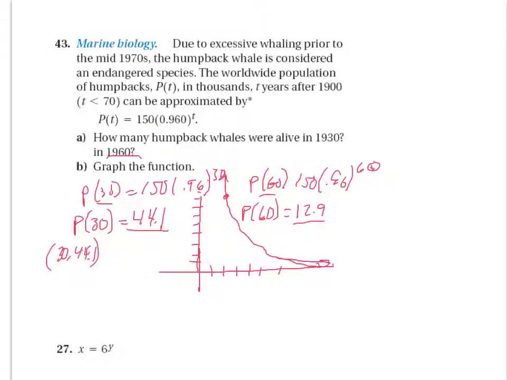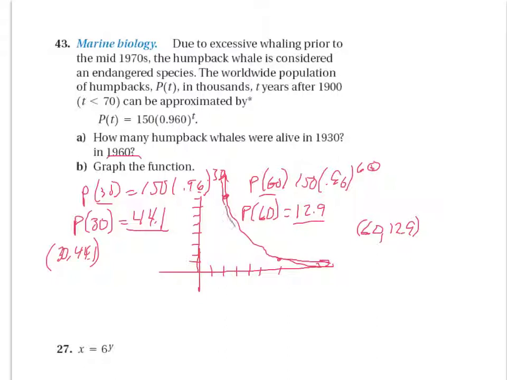Then I have a point of 60 and 12.9 thousand. So that's how we came up with those two points.